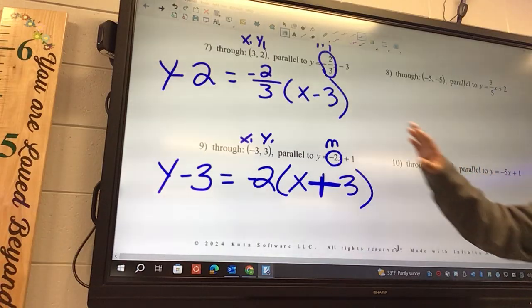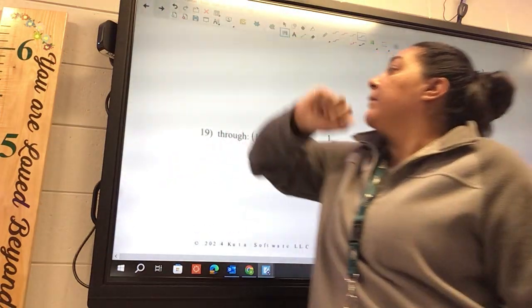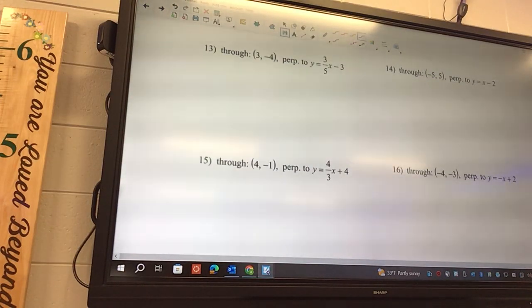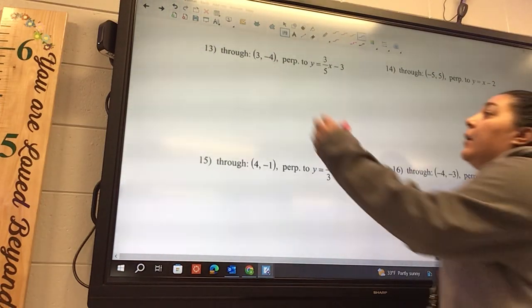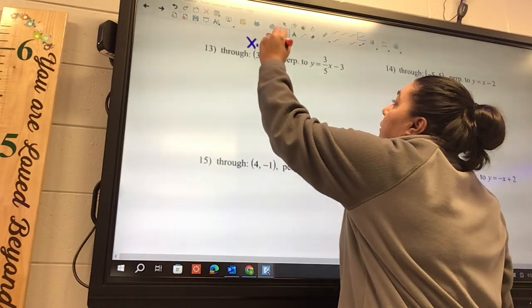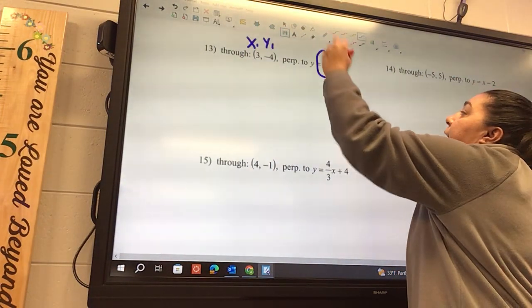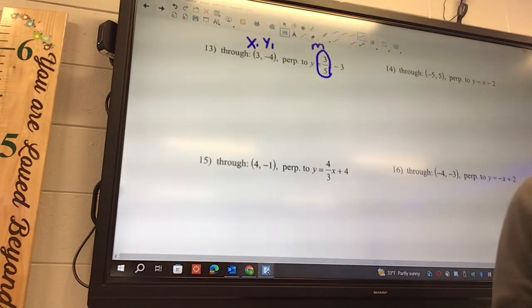Flip the page. I'm actually going to do number 13 first, so make sure you're on 13. We're going to label still x1, y1. What is my slope right now? 3/5. So this is my m right now, but now it says perp on there.